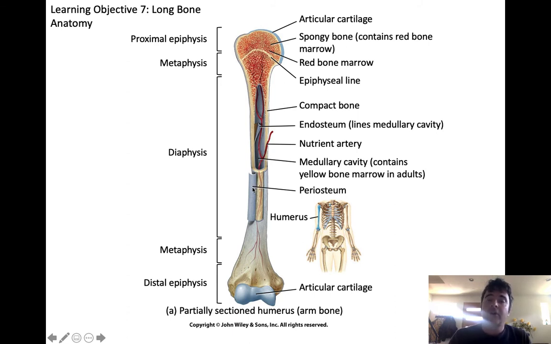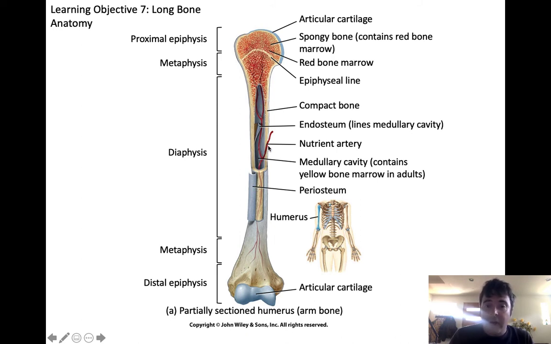So the periosteum is really important not just for bone growth, but for bone healing after things like fractures. Periosteum, really important. Contains osteogenic cells, which become osteoblasts. Osteoblasts eventually become osteocytes when they're completely surrounded by bone.